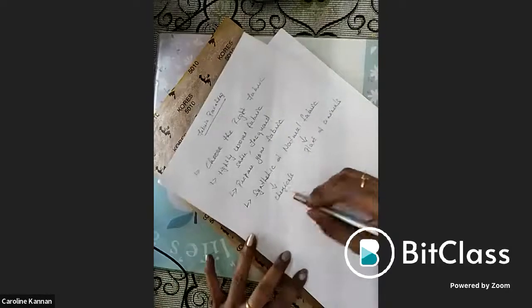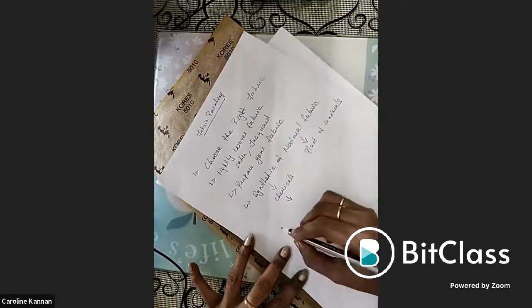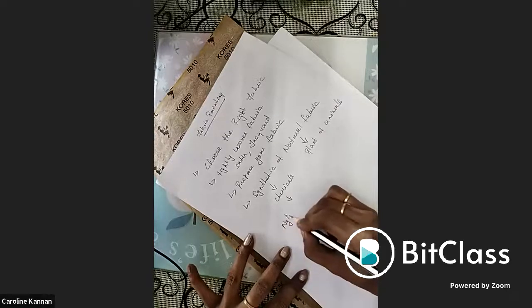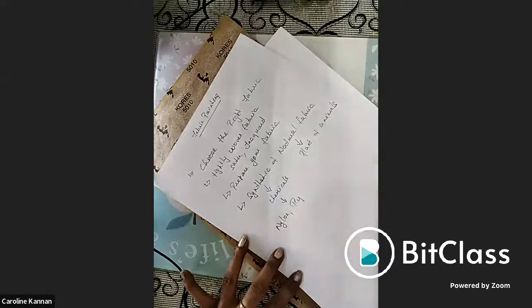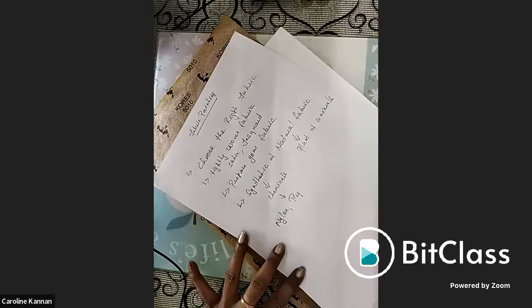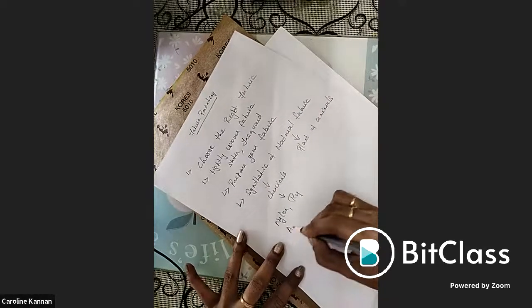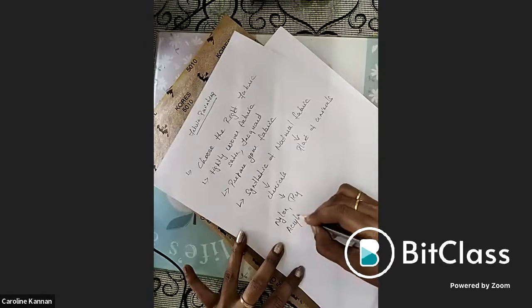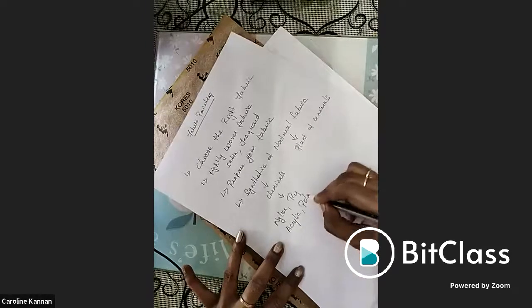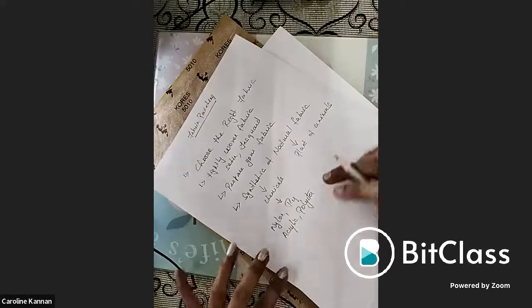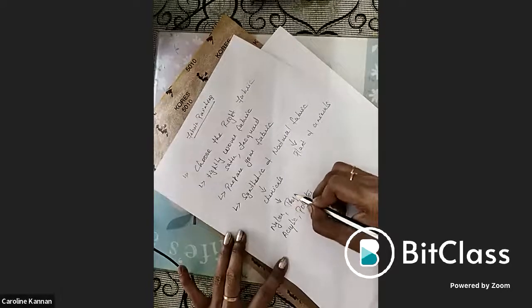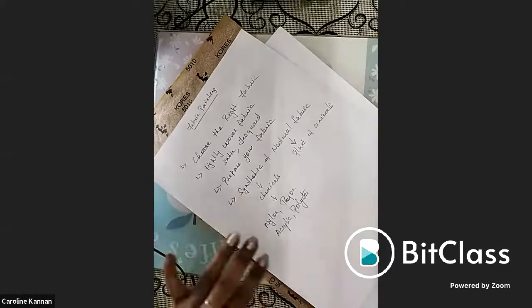So the synthetic fabrics are like nylon, rayon, and there are different types of other fabrics also, like acrylic, polyester. So these are all made out of synthetic fabric, that is chemicals.